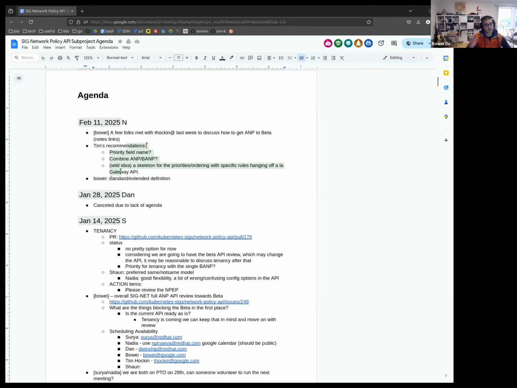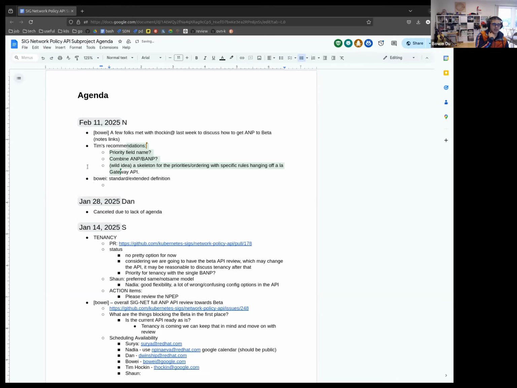One of the concrete things that was discussed was this discussion about core versus extended and standard versus experimental. And I also remember that there was a PR to make that whole thing consistent through the code base.